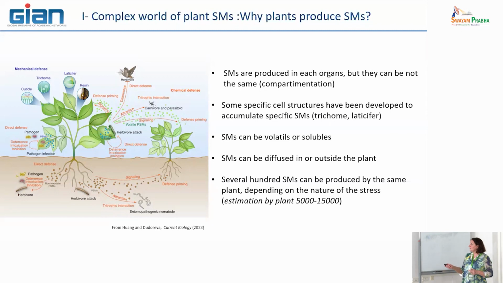And also, what is observed is that you know that in the leaf you have production of one metabolite in particular, but when you look inside the leaf, you can observe that the metabolic pathway leading to the metabolite is in fact divided into different parts that are in different types of cells. So you can start your metabolic pathway, for example, in the epidermis, and finish it in another type of cells.